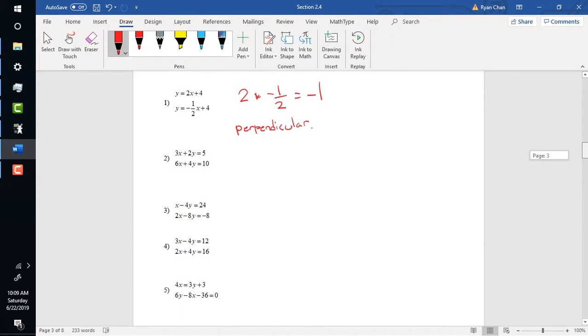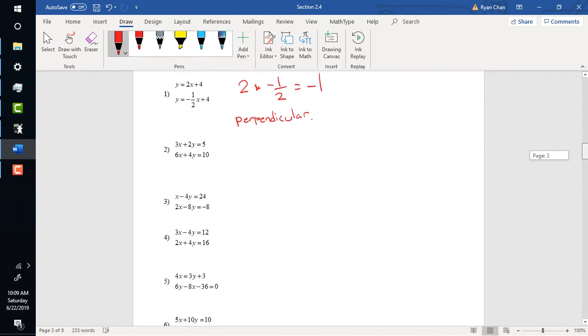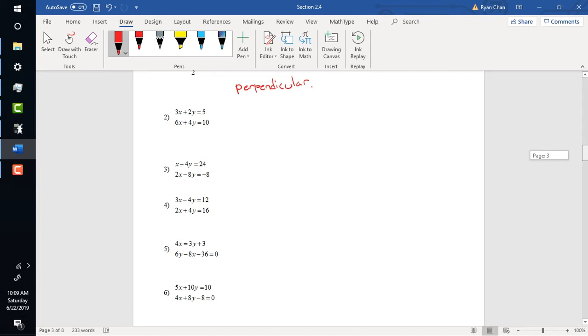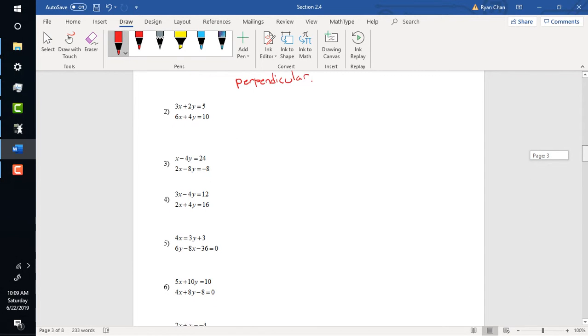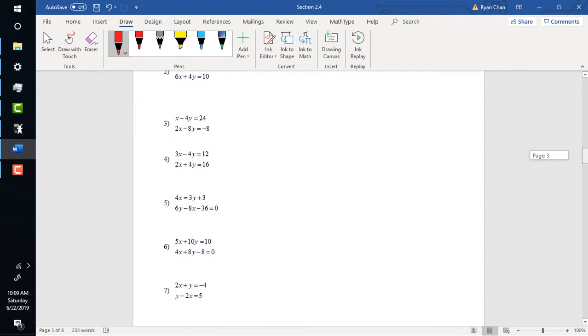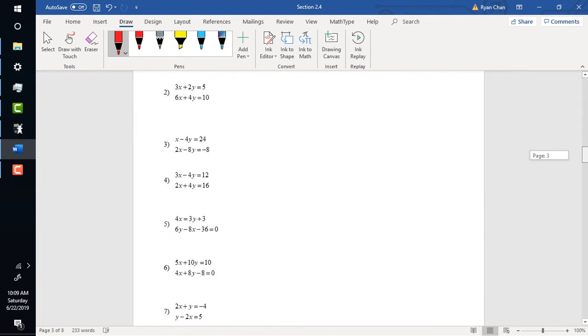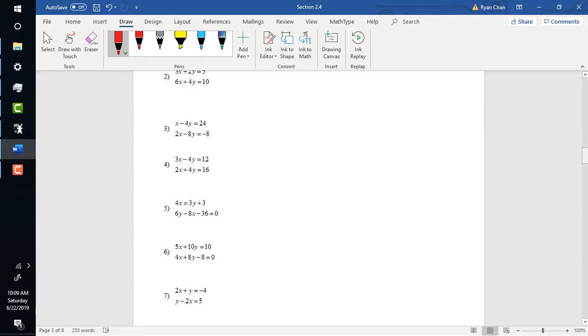Now let's take a look at, for example, number 6, okay? If you notice, your lines are not in slope-intercept form. I actually don't know the slope for number 6 because y is not by itself.